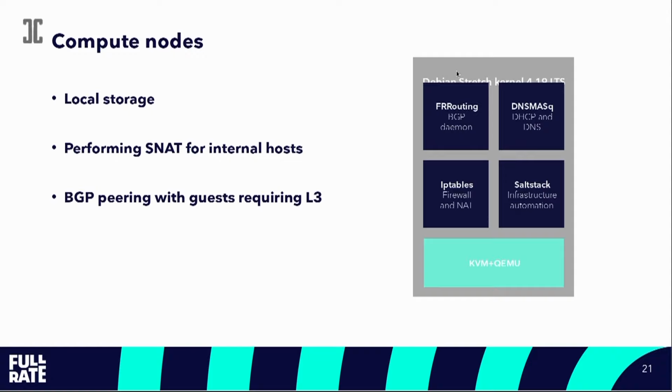Then we built some new compute nodes. Again, because of the spine leaf setup, we are treating our compute nodes or hypervisors as a leaf switch, which means we have a routing daemon to do BGP. We have multiple VRFs for the voice part, and for the public internet part, we are performing source NAT for whatever has to reach the public internet.